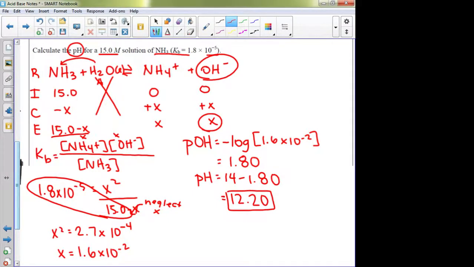It's like 15.0. 15.0 is actually 3 significant figures, but 1.8 is only 2 significant figures, and you go by the smallest. So since that's 2 significant figures, I know I want my pH in 2 decimal places. Good question.